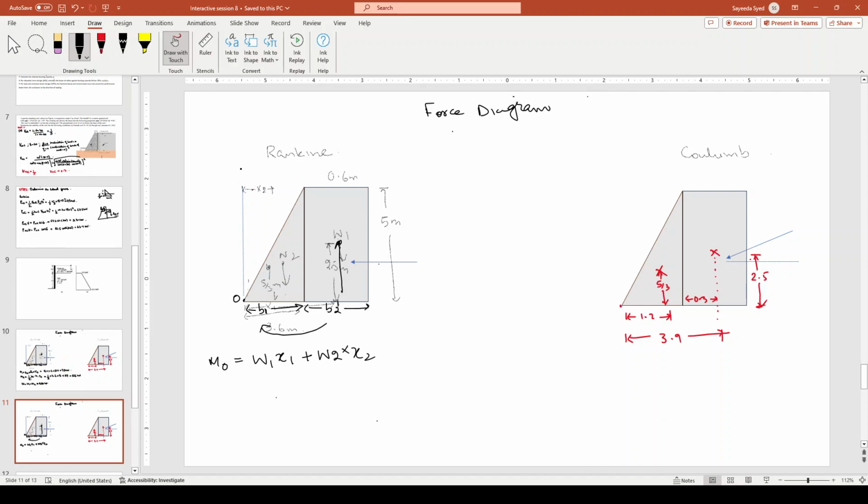For Rankine, we are taking this as positive because this is the direction, so we are taking this as negative.